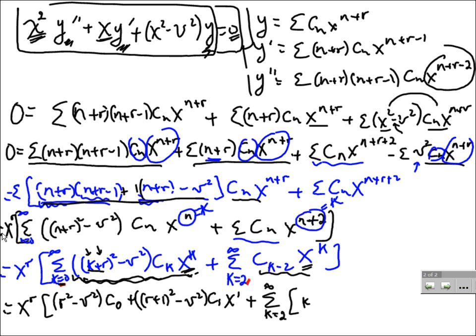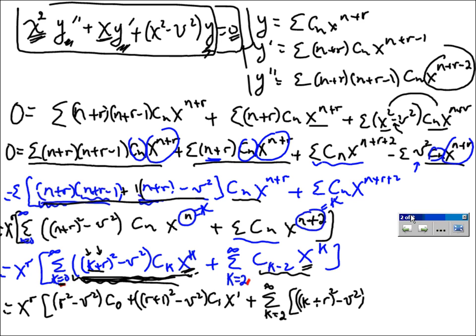So I'm going to have this piece right here, k plus r squared minus v squared, times c sub k, plus c sub k minus 2. And that's going to get multiplied by x to the k. And the whole thing is being multiplied by x to the r. And remember, it's supposed to equal 0.